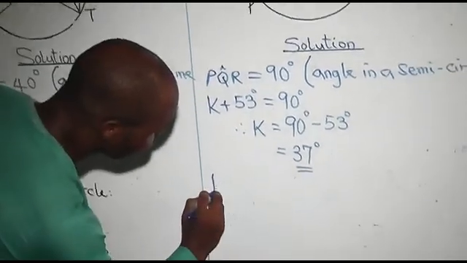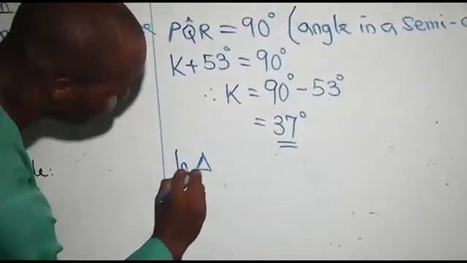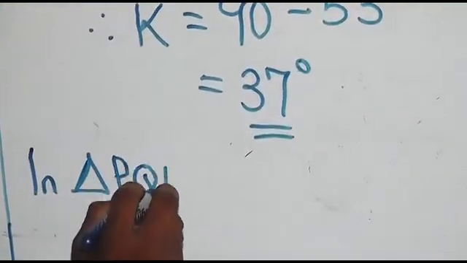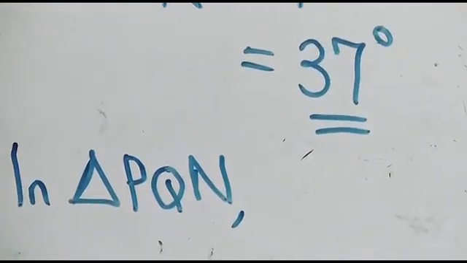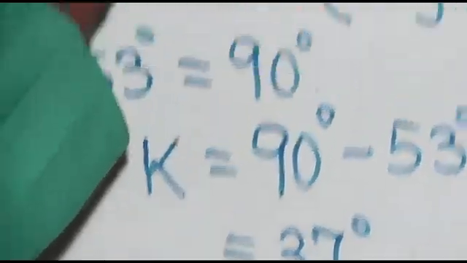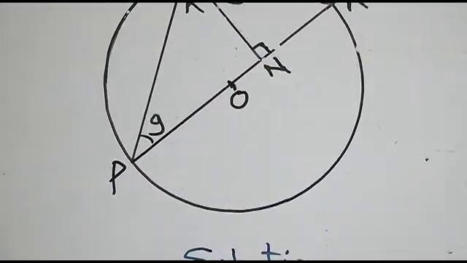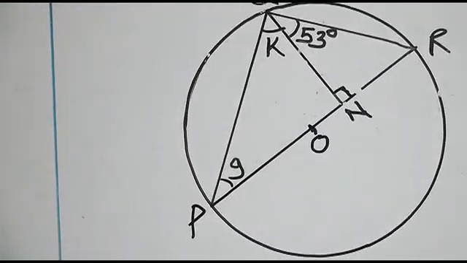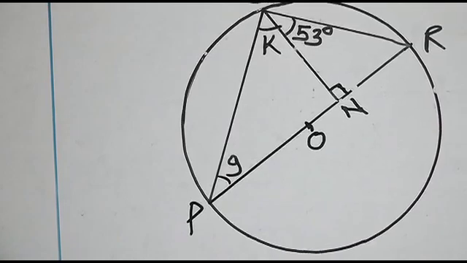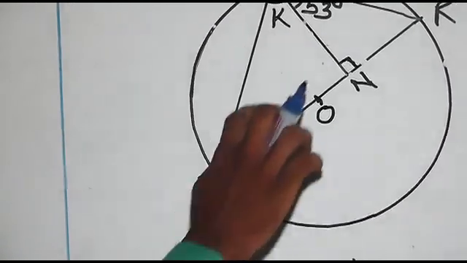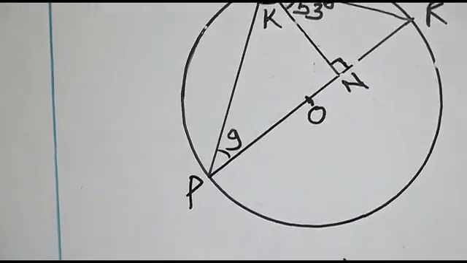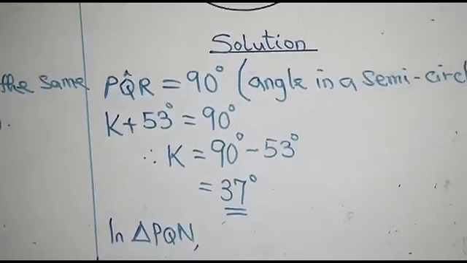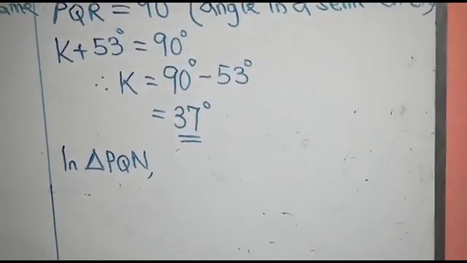So we say in triangle PQN, the triangle involving G, K, and the right angle at N. So from here, we know that sum of angles in a triangle is what? Is 180 degrees.